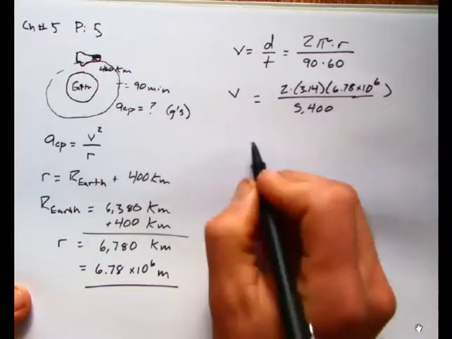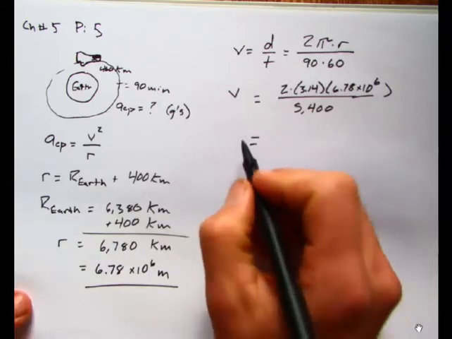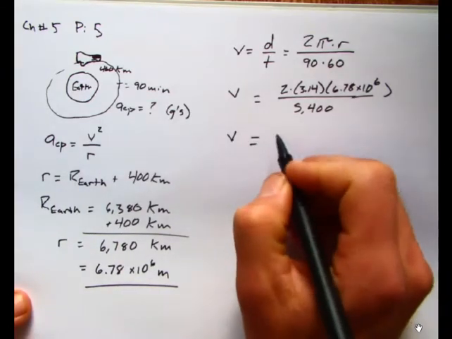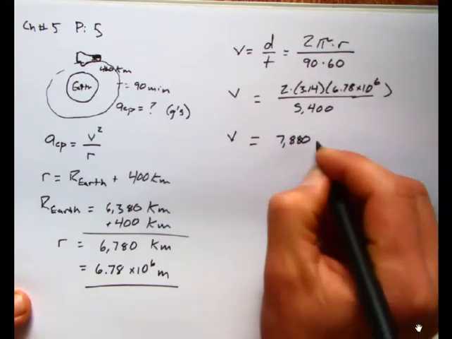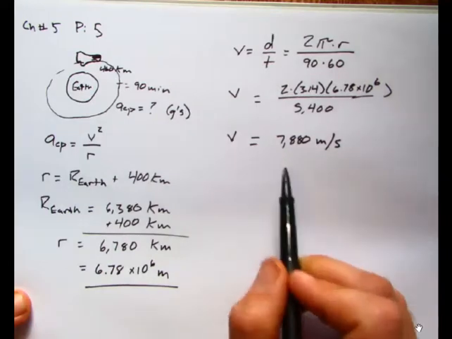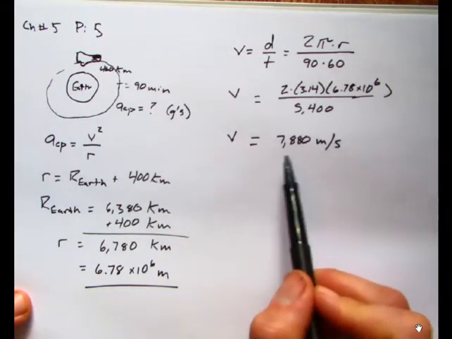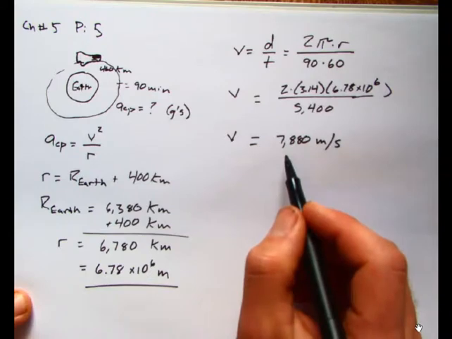Okay, and if I plug that all into my magic calculator here, I would get that the space shuttle is orbiting at a speed of 7,880 meters per second. Notice this is about 8 kilometers per second, so like 5 miles per second. It's moving pretty fast, right?